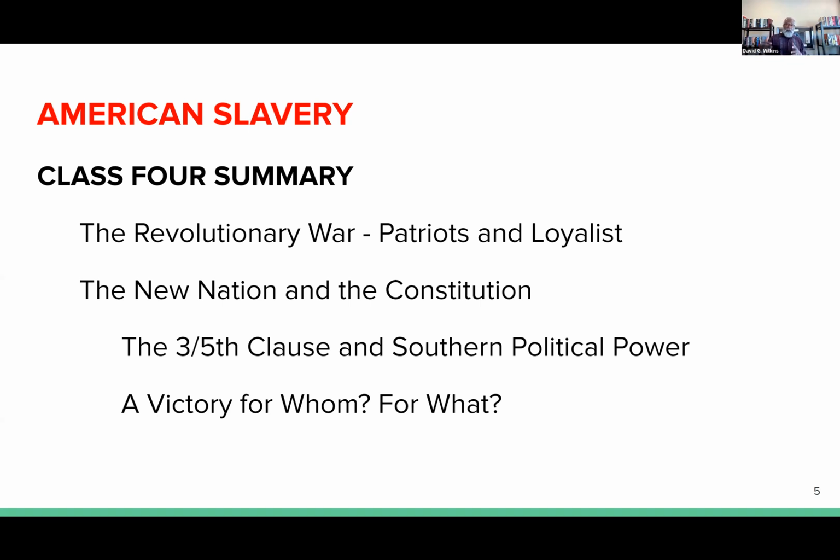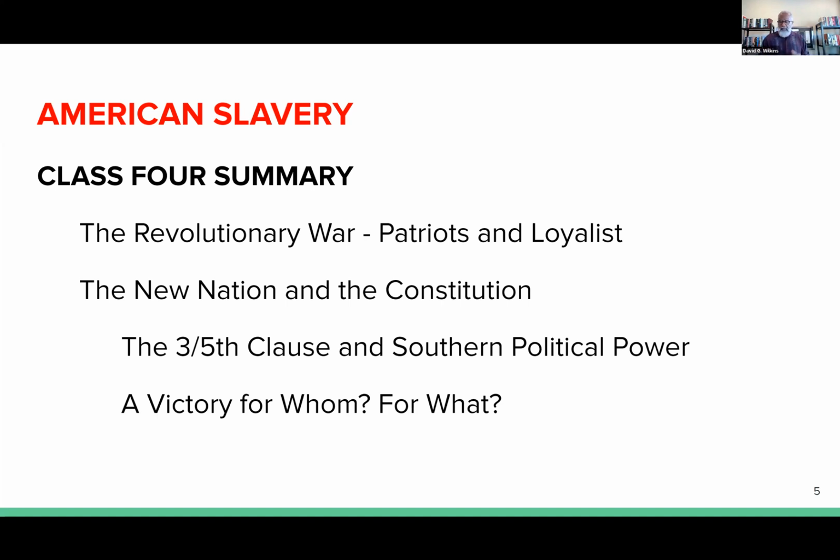We looked at the particular clauses, particularly the 3/5 clause, the clause that provided for the potential that the slave trade would end by 1808, and the Fugitive Slave Clause. All of these will be played out again as we proceed.